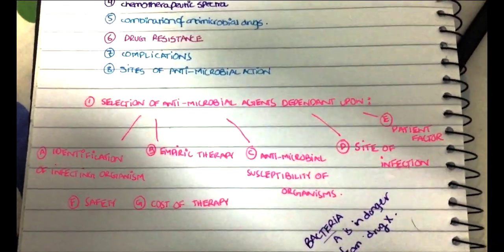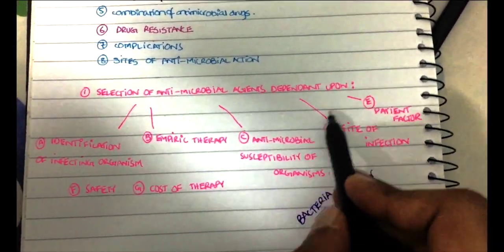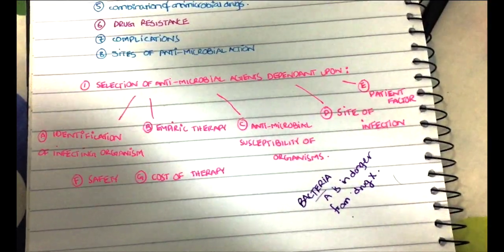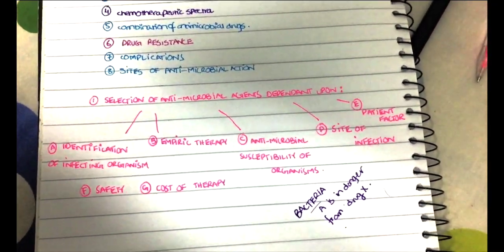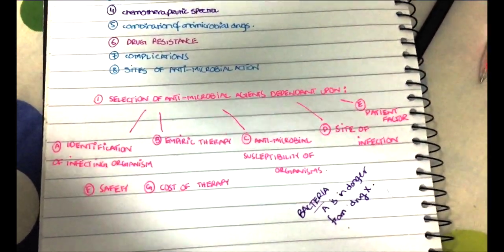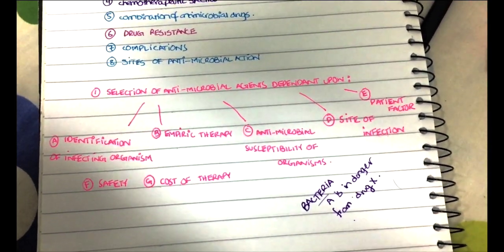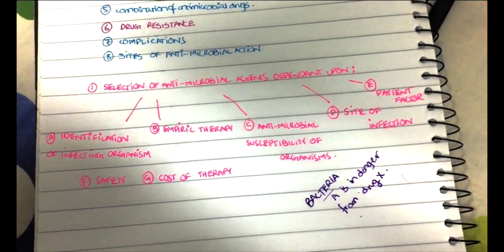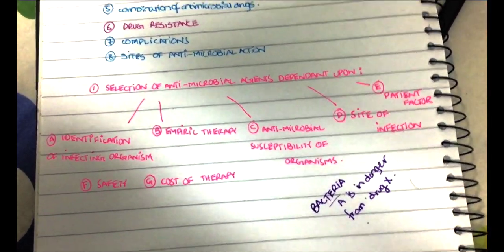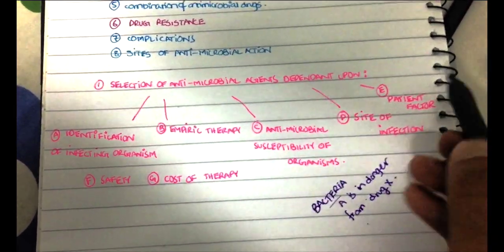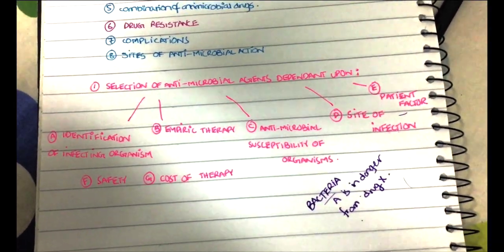Okay, so the fourth point is the site of infection in the body. We'll decide the drug based upon the site of infection in the body, whether it is the limbs or head or neck or lower limbs or central part, abdominal part. It is dependent upon the site also. Fifth, patient factors.